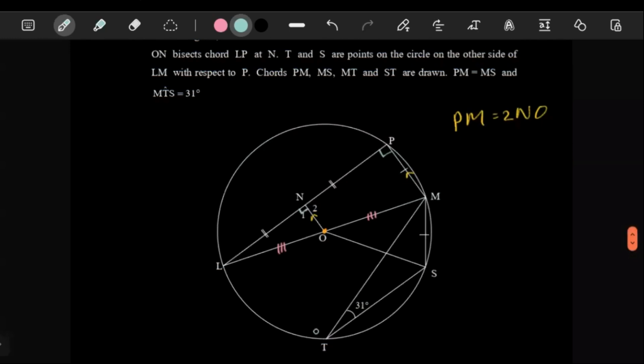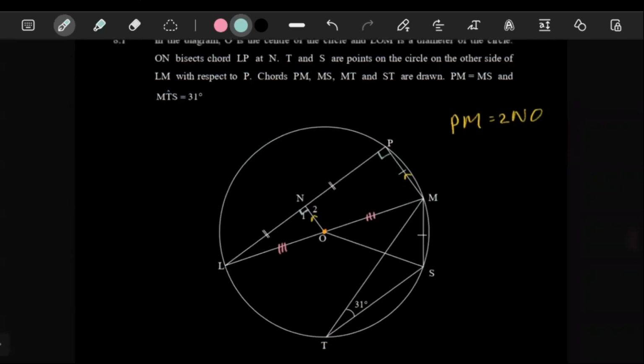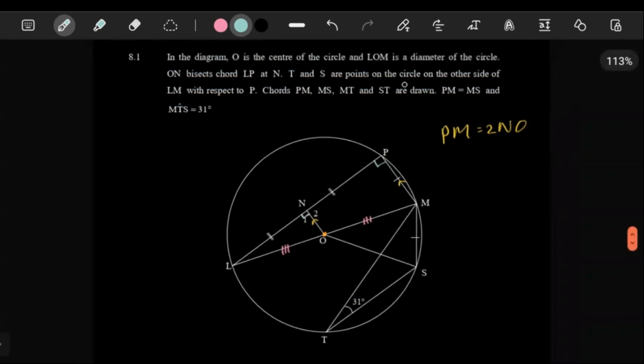Then you have T and S on the other side, with respect to P. Well, they're just describing the sketch, really, with their funny, weird words. But it says here, chords PM, there's chord here, PM and MS and ST are drawn.